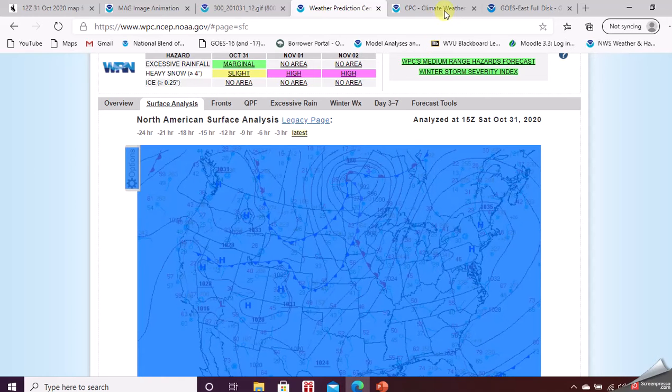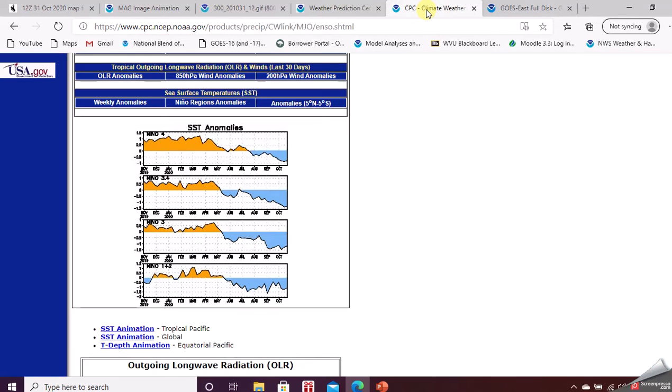Now, some other things you're going to talk about this week are La Nina and El Nino. La Nina, cold, basically saying the tropics in the Pacific are going to be cold. We use the Nino 3.4 region to look at an El Nino or La Nina. These are the anomalies from normal temperatures.